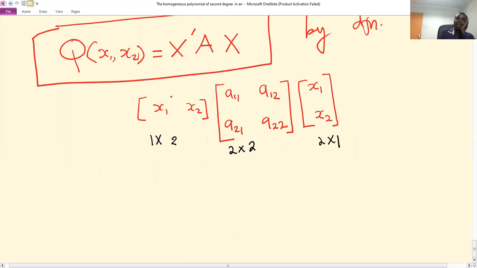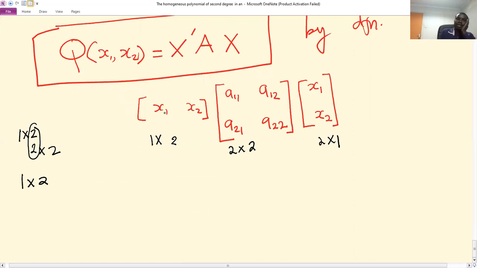So let's start by multiplying these two matrices. Remember, it's always row by column. If you have a matrix of order 1 by 2, you multiply by a matrix of order 2 by 2, then you expect the result to be a matrix of order 1 by 2, meaning that it will have one row and two columns.